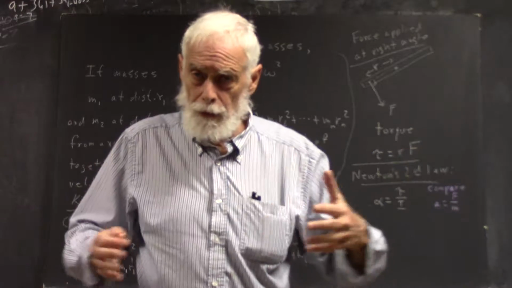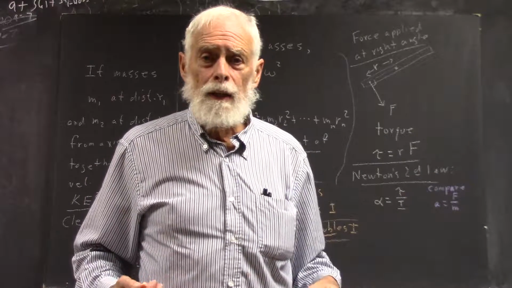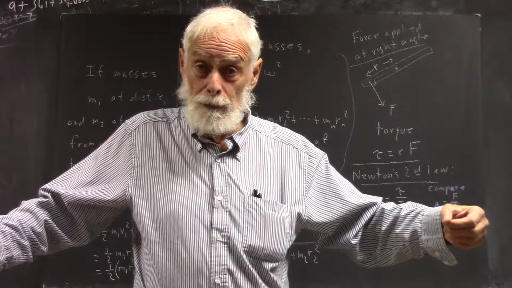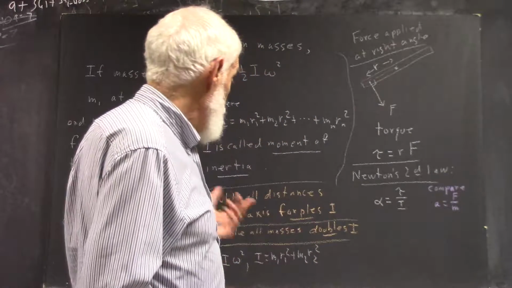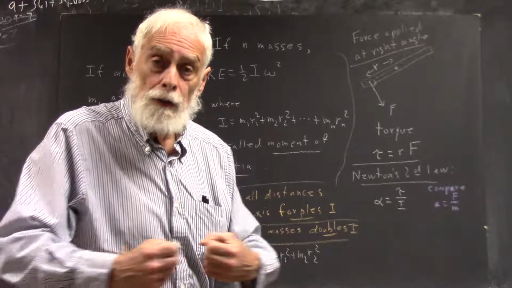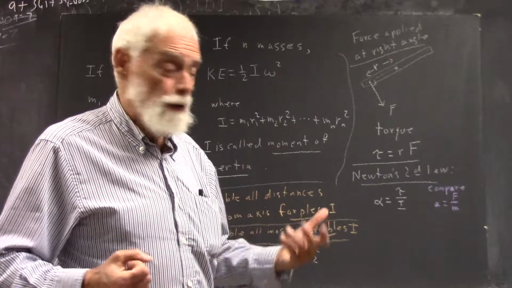Not evenly, but in some way. If I was to move all those masses out to the ends of the beam, my mass wouldn't change. I'd have the same total mass, but it would be harder to accelerate that system. It'd be harder to get that system rotating at a given rate.